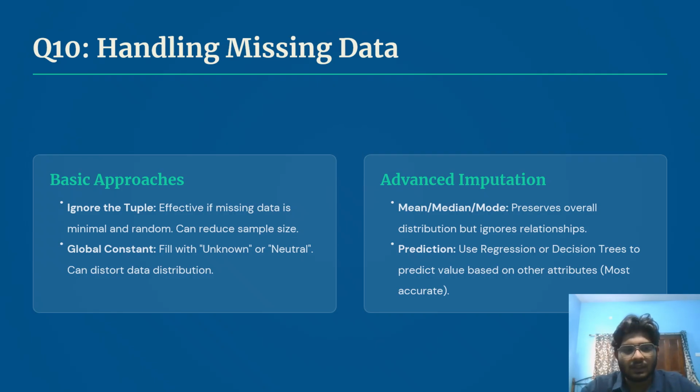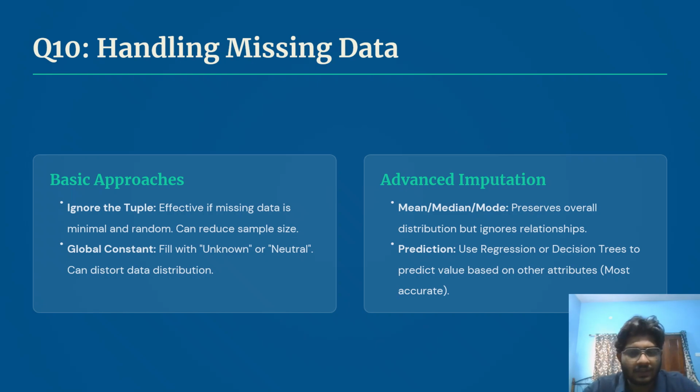Now we go to advanced imputation, which is mean, median, mode, the central tendency. This is common. We fill the blank with the average score, pointing to the central tendency. This keeps the overall average correct.